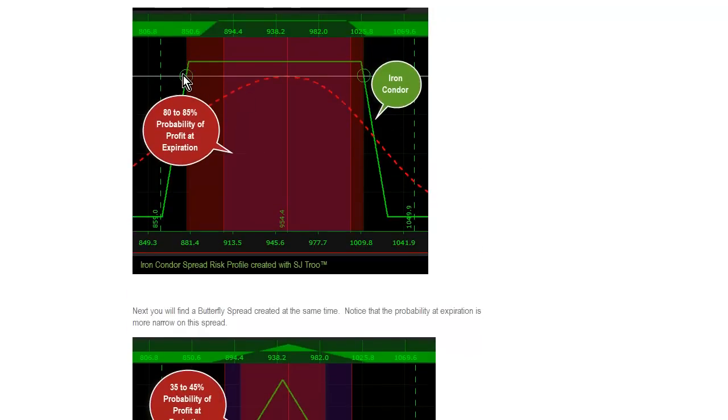So again, if you're working with your Condor, just be aware if you come into this trade believing in this, the 80 to 85% probability, sure, that's mathematical, but this zone here is very stressful, to say the least, and same with this zone.